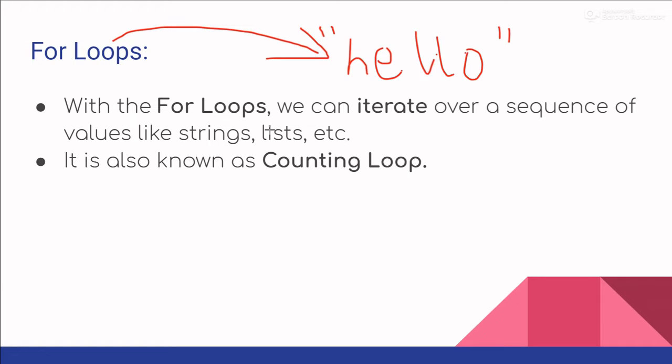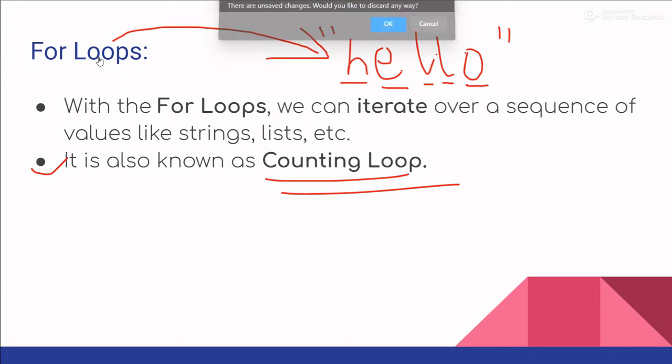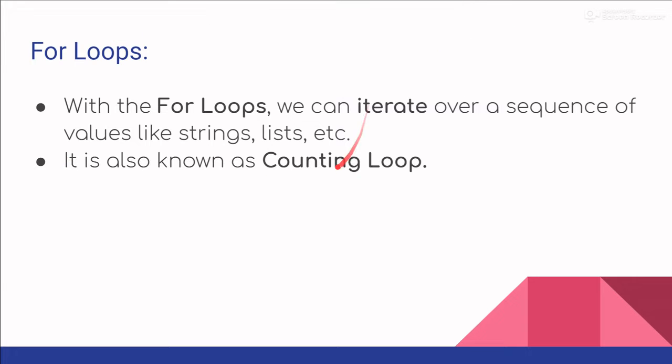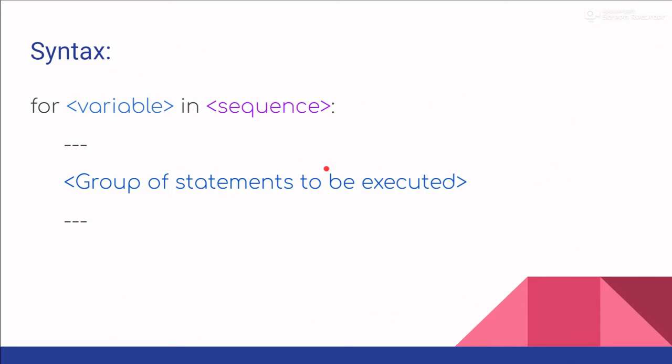Basically, iteration means to take each character one by one in the loop. I will show you. Now, the second point is it is also known as a counting loop. Why? Because we can also perform some counting related things using a for loop.